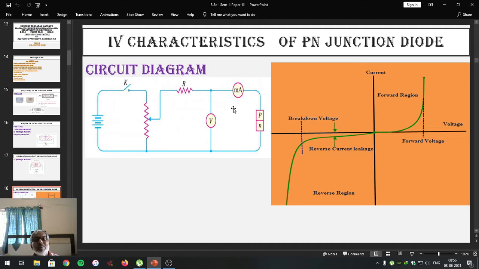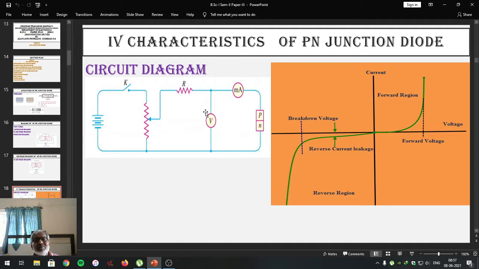Dear friends, to plot the IV characteristics, it is now connected in forward bias condition. By using the rheostat, vary the voltmeter reading and note down the reading of the current meter. Change the voltmeter reading like 0.1, 0.2, 0.3, 0.4, 0.6, 0.7, 0.8, up to a maximum of 1 volt.